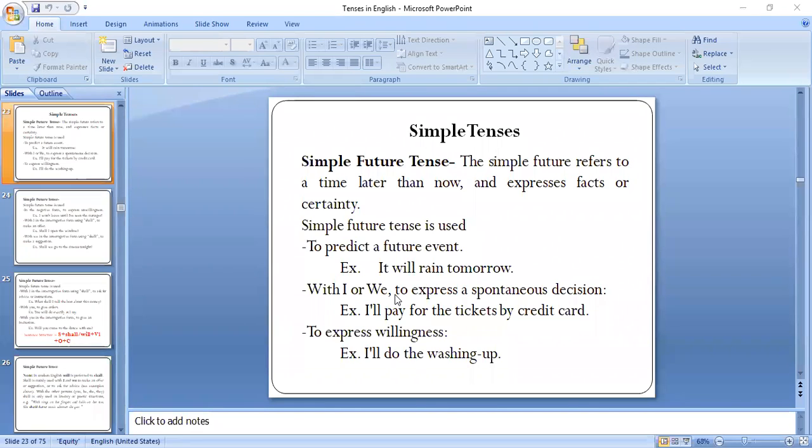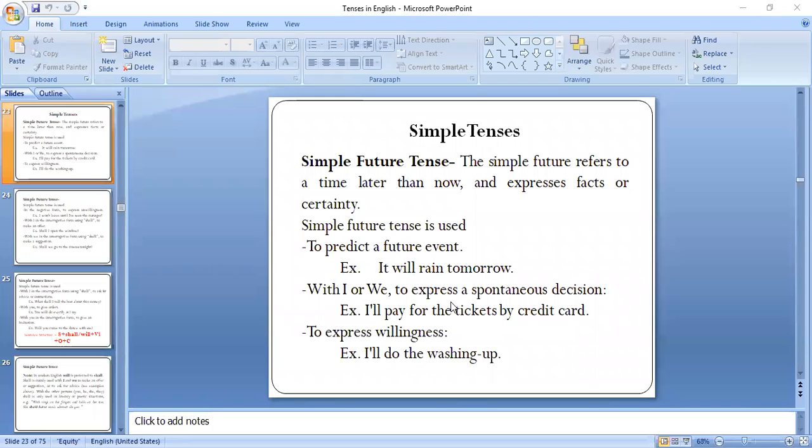If you are going to watch a movie in the theater, and you have decided to pay for the tickets by credit card, what will you say? You will say that I will pay for the tickets by credit card.